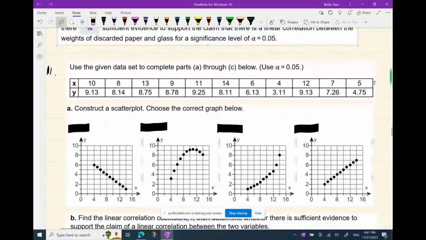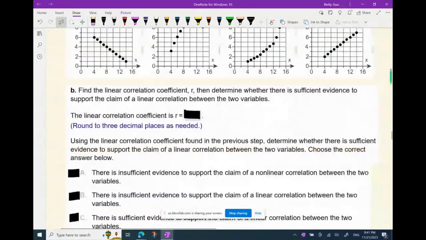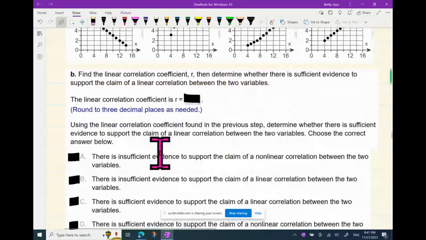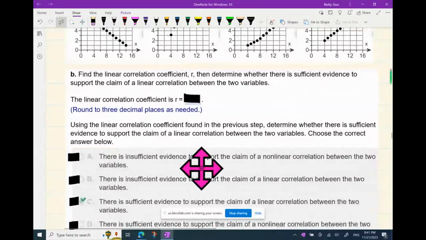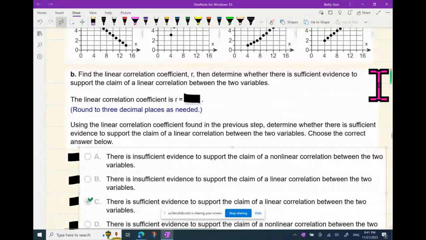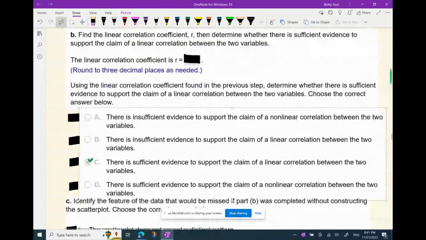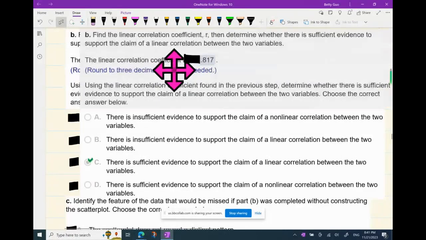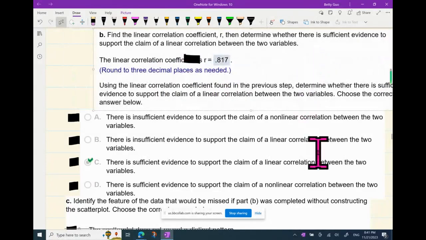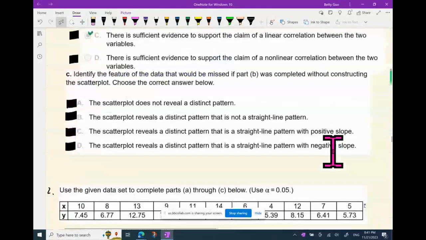Doesn't say Y represents either. But from the R value, and also the P value compared with the significance level, we would say we reject null and support the claim of a linear correlation between the two variables. The value of R also indicates there is a pretty strong linear correlation between the two variables.